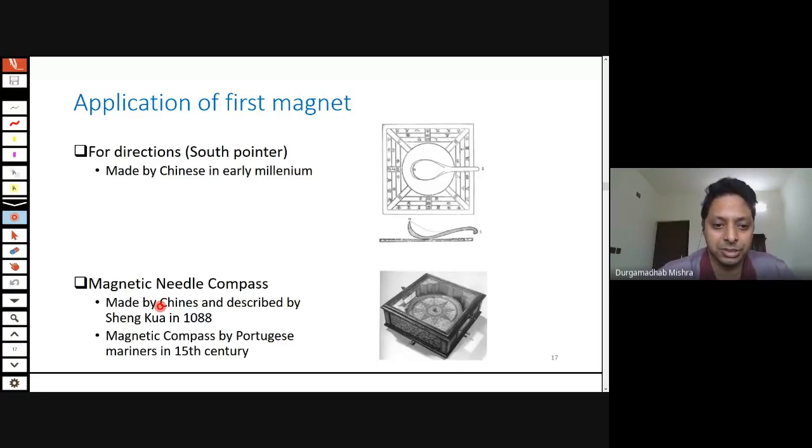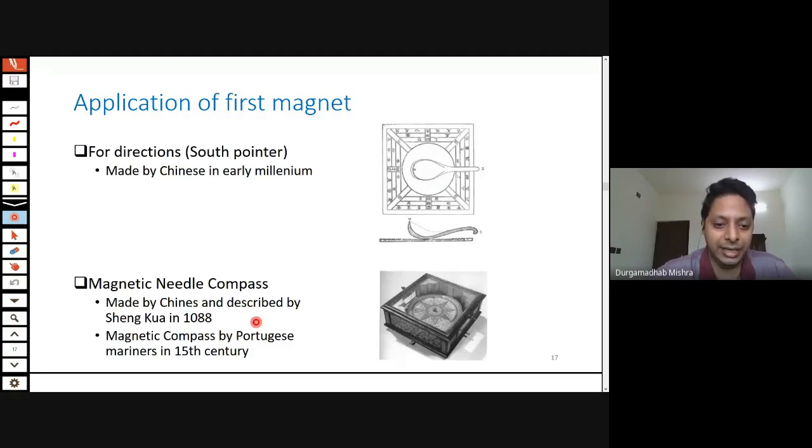This needle compass was the first use. The first one was called a south pointer. They put a spoon made of this lodestone, and it points along the south direction. So they could say which direction is south. In China, they used it about 2000 years ago.